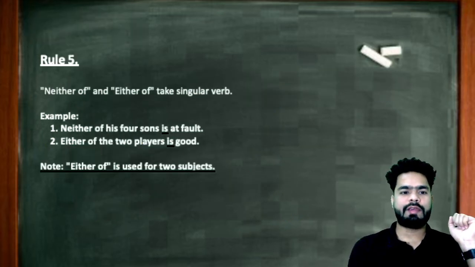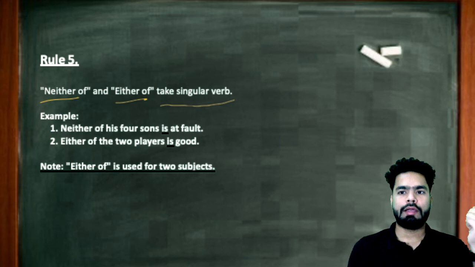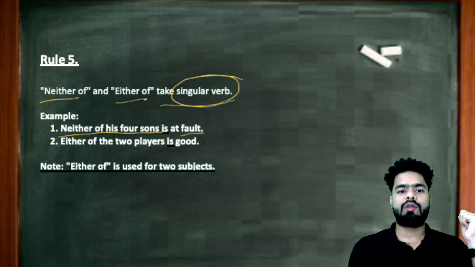Rule number 5 says neither of, either of take singular verb. Neither of his 4 sons is at fault. It takes singular verb. We do not have to see the 4 sons. That is not our subject.